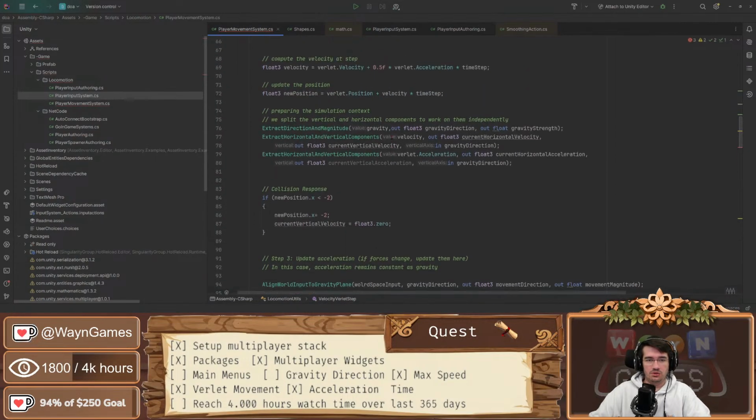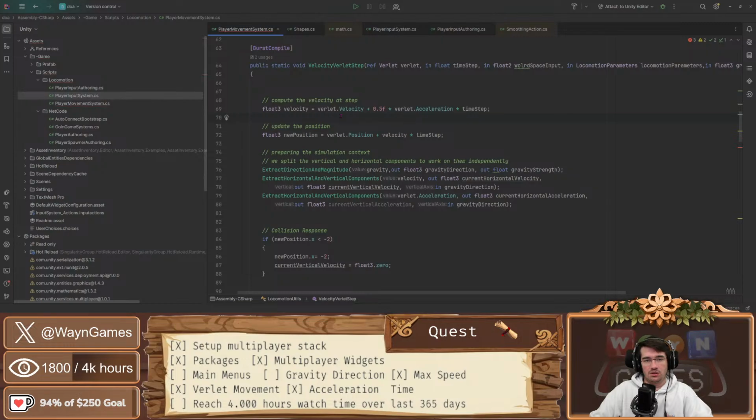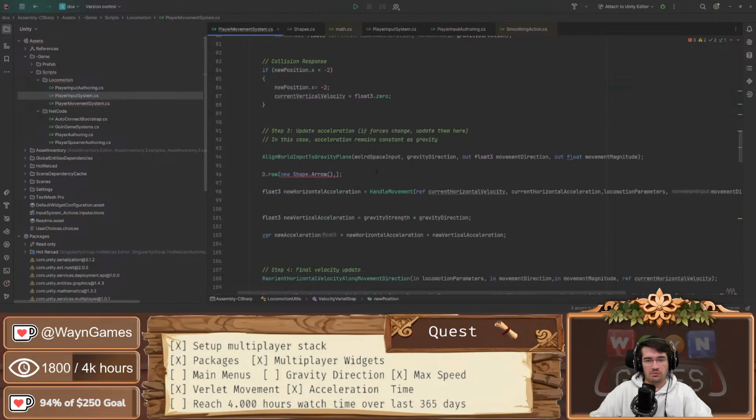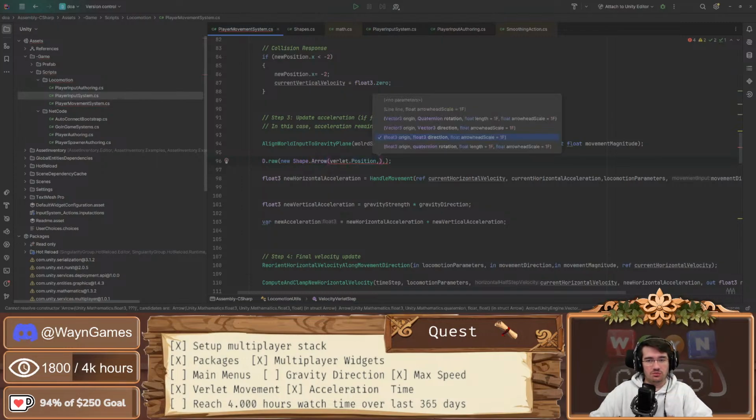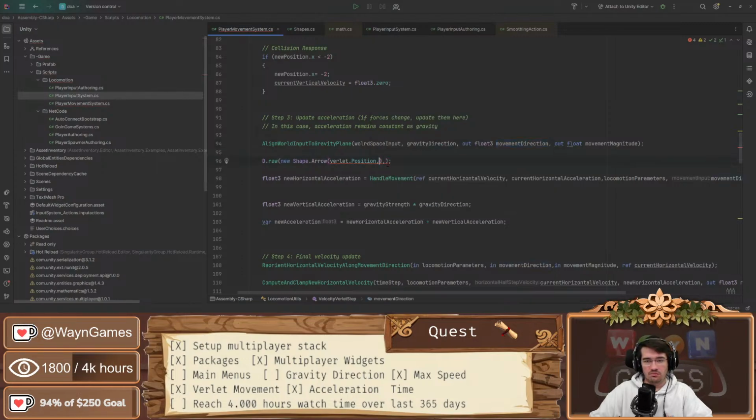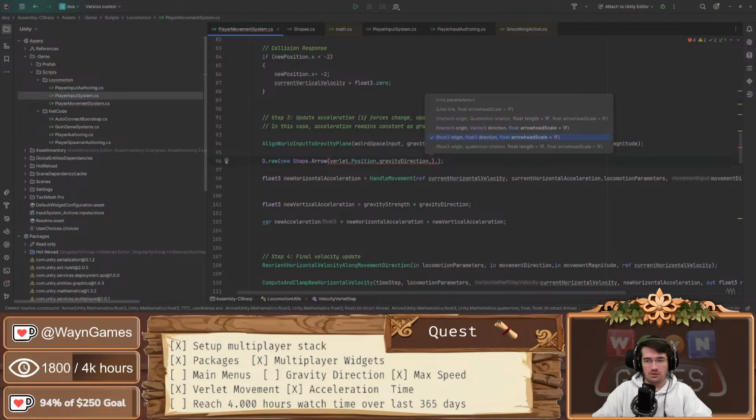So I wanted my position. Verlet position. Let's start at the position. We'll go in a direction, which will be the gravity direction. So let's start with that. Then we can add an arrow scale, arrow head scale 1F.